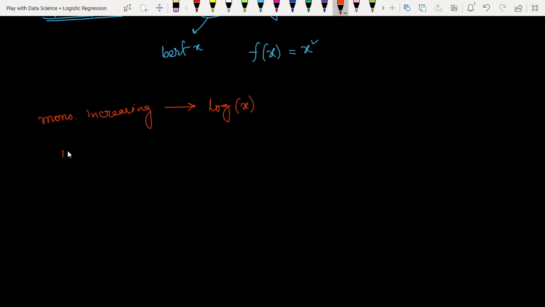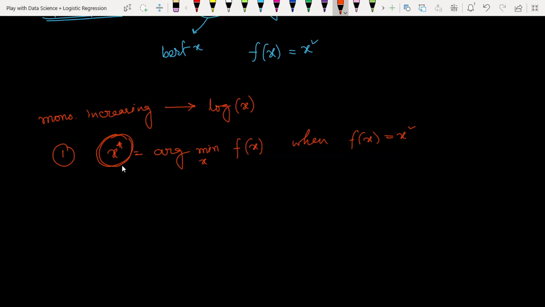Now one thing, first we got that x star, just be patient. f of x, when our f of x is equal to what? f of x equals x square. So what is the value? We see from our graph that this x star is equal to 0. We see it geometrically.